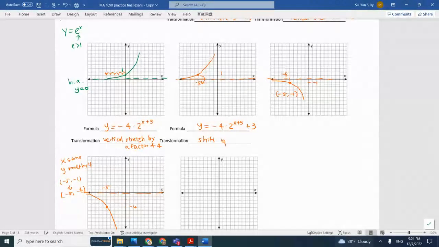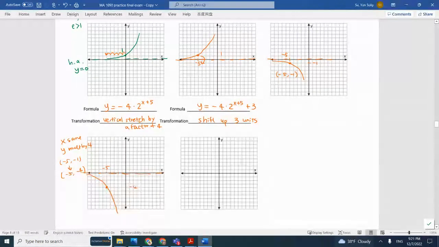So shift up 3 units. Okay, so then the -4 now becomes -1. So -5, -1. And then the horizontal asymptote also shifts 3 units.